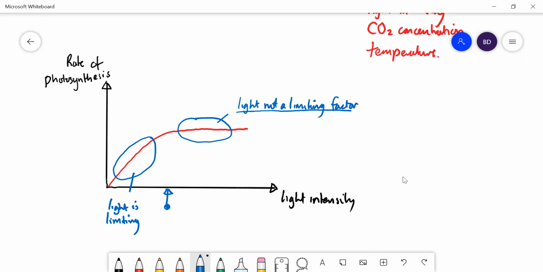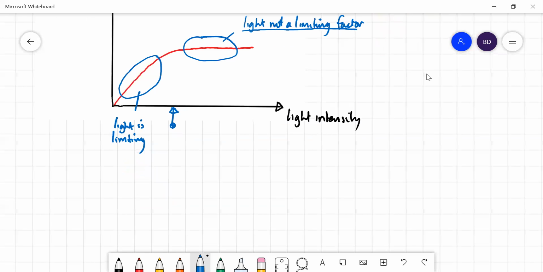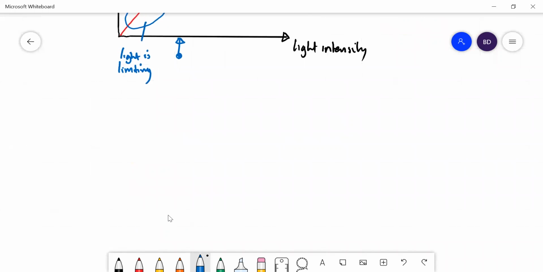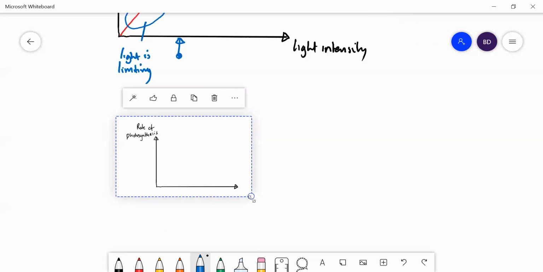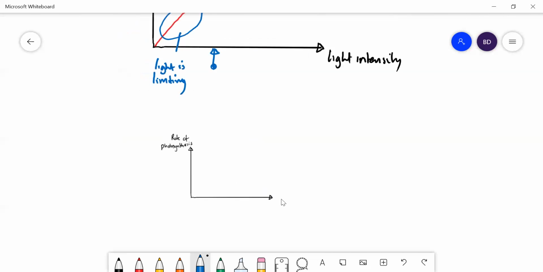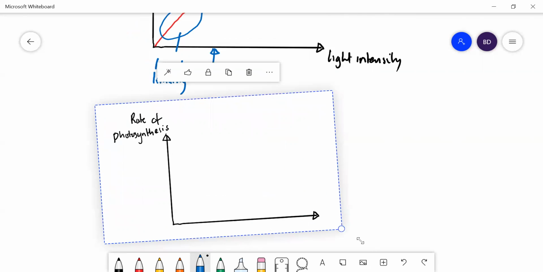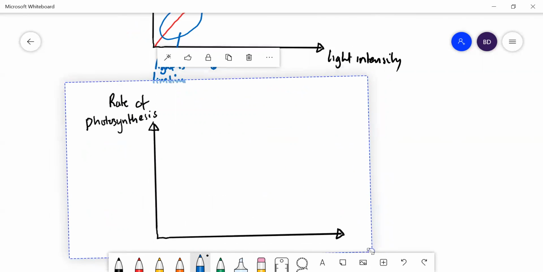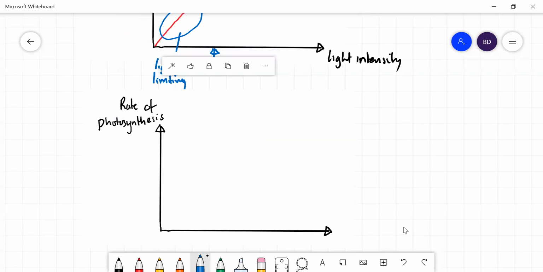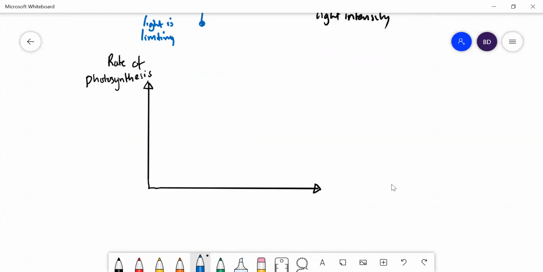Right, let's think now about carbon dioxide concentration. We've got our axes here. As you increase the carbon dioxide concentration, what happens to the rate of photosynthesis? Here we've got CO2 concentration.